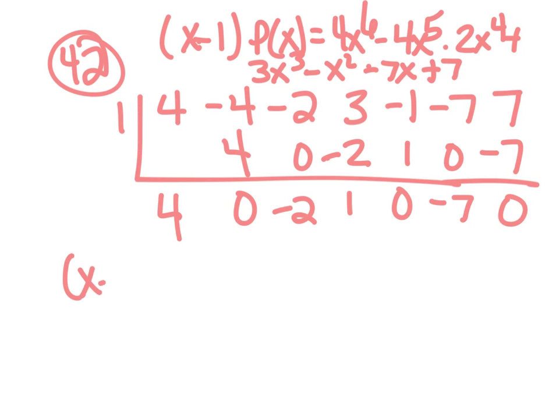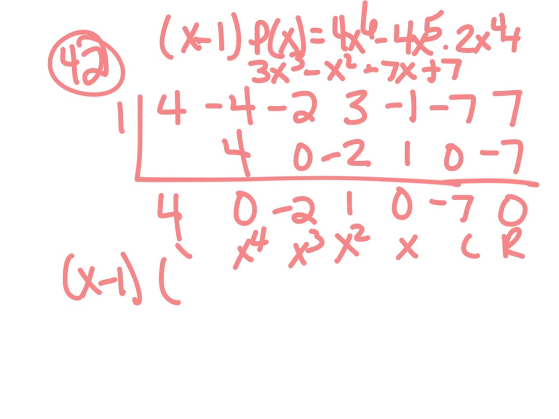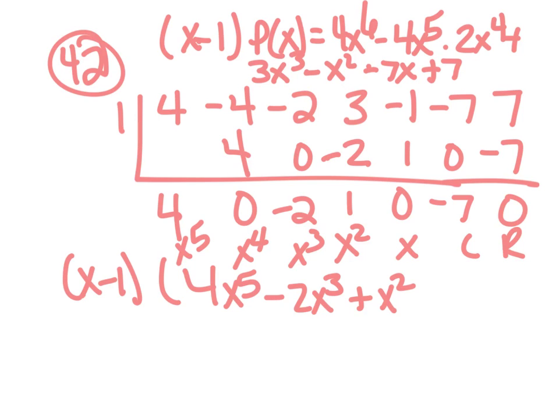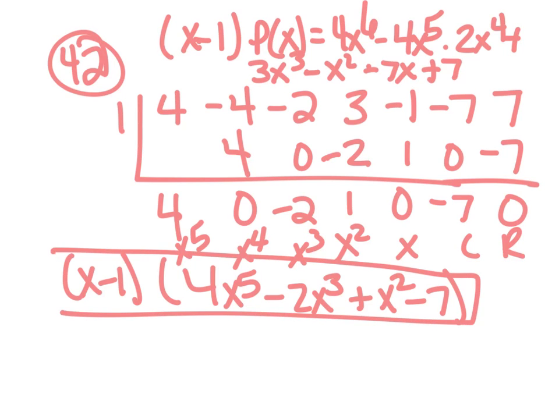The product's going to be x minus 1, and then remember it's remainder, constant, x squared, x cubed, x to the fourth, x to the fifth. So I got 4x to the fifth minus 2x cubed plus x squared minus 7. I don't need to write 0x to the fourth or 0x or 0 remainder. So now I have a product of two polynomials, and that's 42.